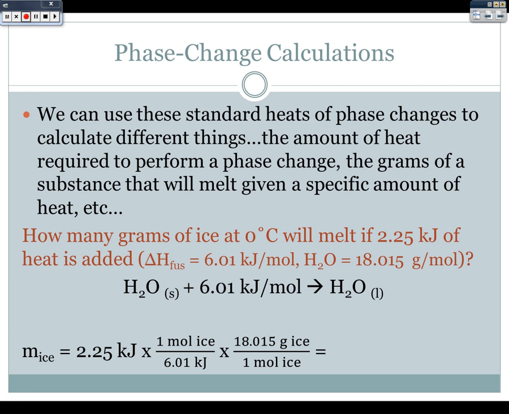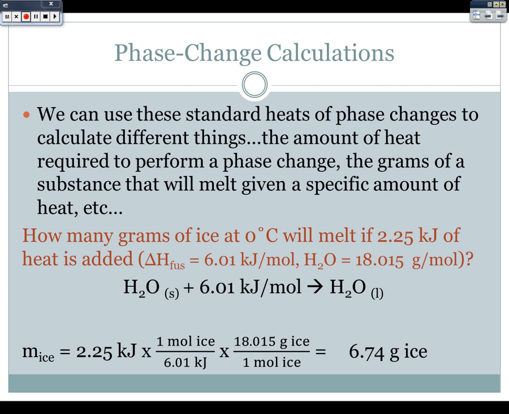To solve for mass of ice, you're going to start with our 2.25 kilojoules, multiply it by our almost chemical reaction, almost mole ratio here. We know that for every 6.01 kilojoules, we have 1 mole of ice, and then multiply that by the molecular weight to get rid of moles and solve for grams of ice. And you actually get 6.74 grams of ice.